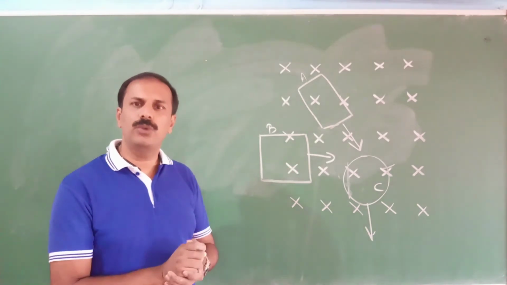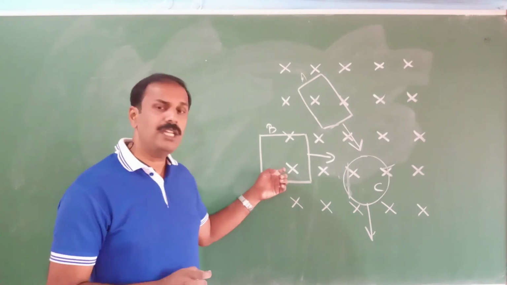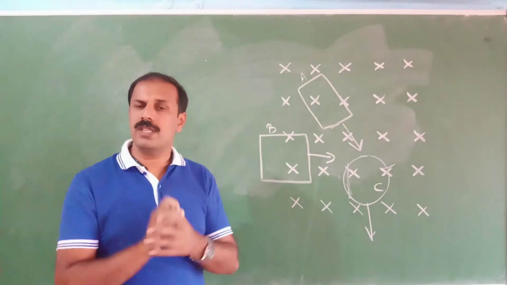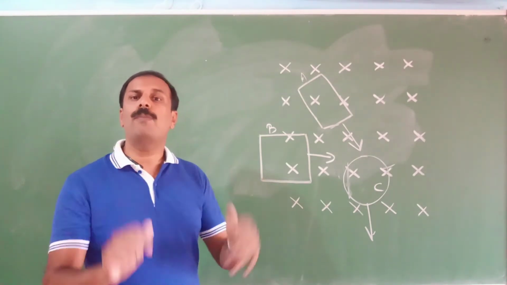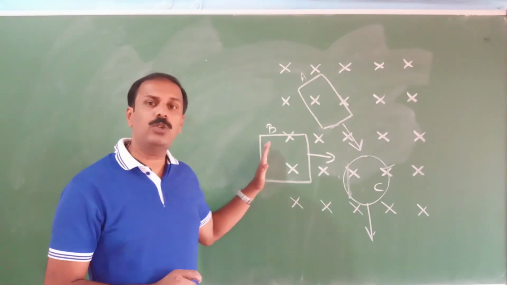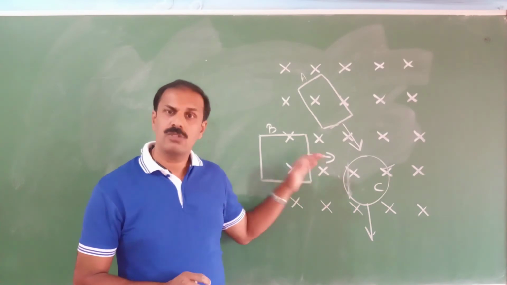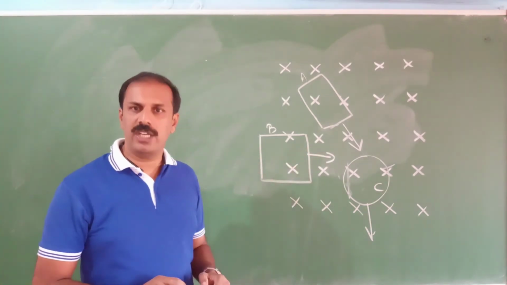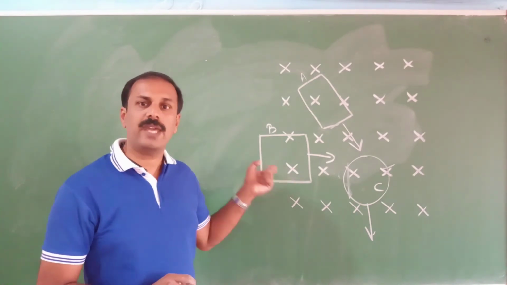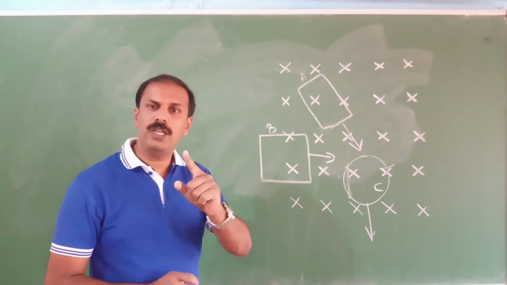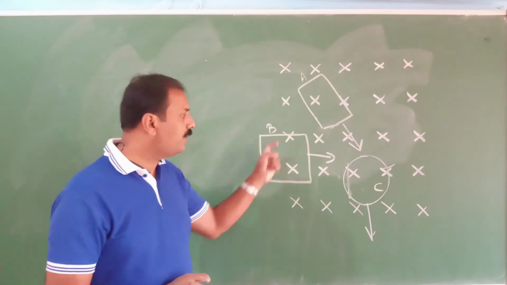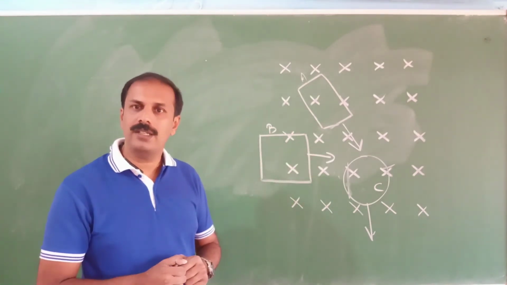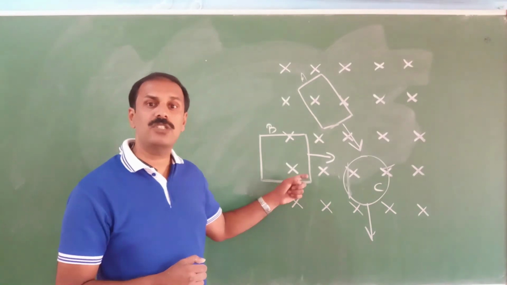So what we have to do? When the magnetic flux is increasing, what does our Lenz's law say? The Lenz's law says that it should oppose. That is, you are trying to increase the magnetic flux, so the current should be in such a way that it will oppose the change. Our change is magnetic flux is increasing, so we have to oppose it. So this loop should produce a current in such a way that it will be opposite to this one.